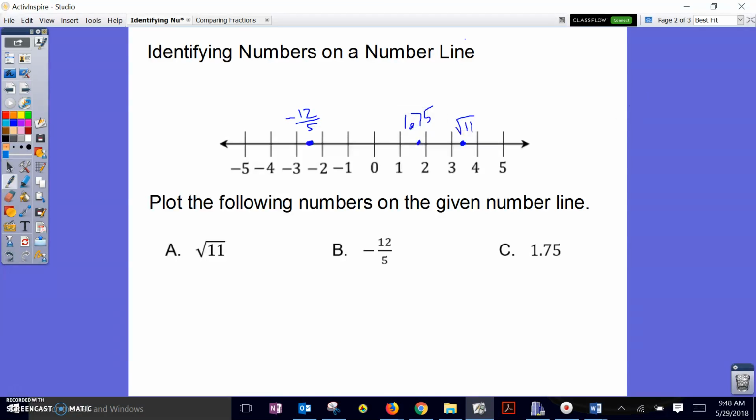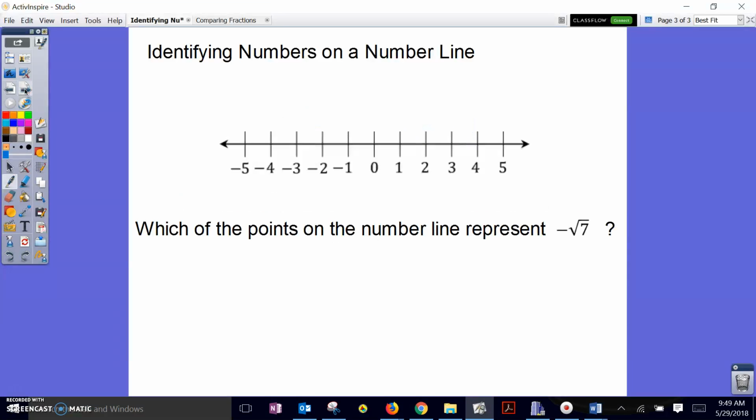All right. And now on to the last page. Which of the points on the number line represent negative square root of 7? So we're going to plot negative square root of 7 on here. Let's see.